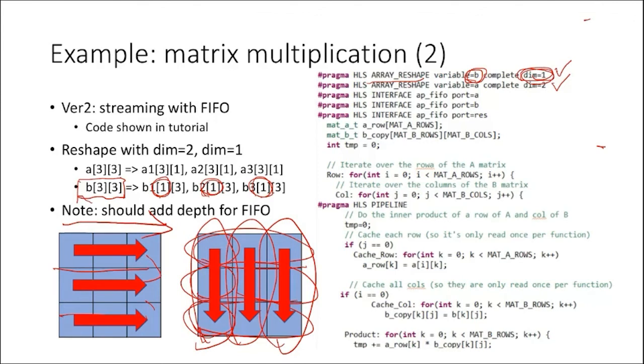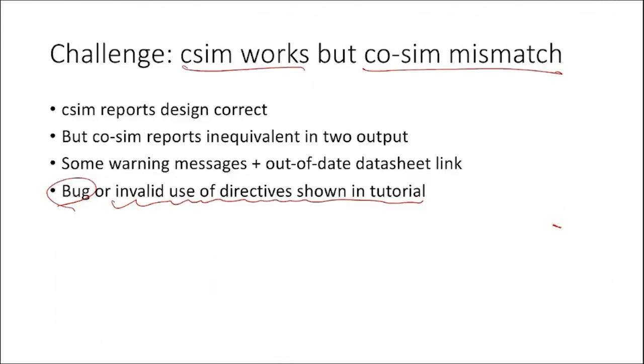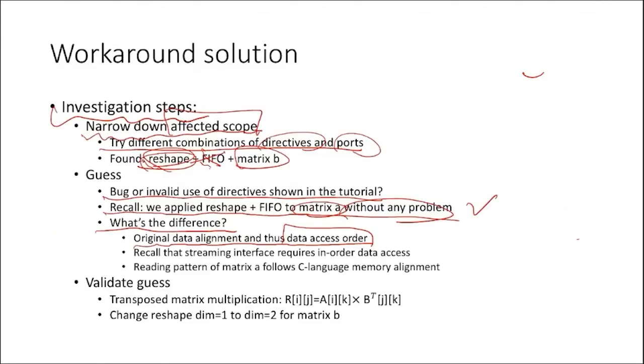So, okay, maybe it is because of the alignment of the matrix. So my guess is, perhaps we just simply transpose matrix B and swap the index. So when you prepare the test data, you apply the transpose.